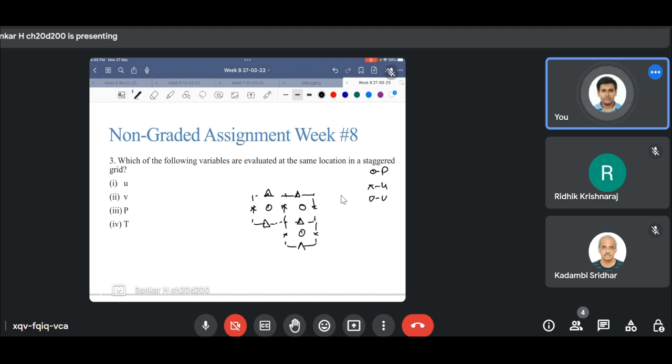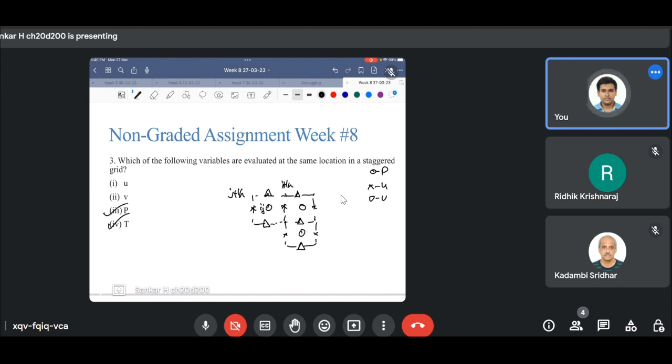So what we intend to measure is the pressure and temperature at the center of the cell, which are done together, whereas the U and V are measured at i plus half and j plus half of the ith and jth point, where pressure or temperature is evaluated.